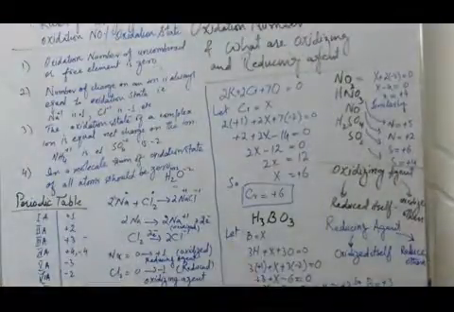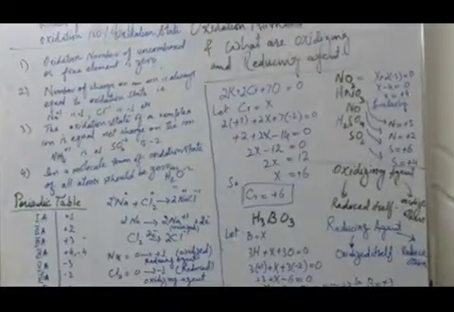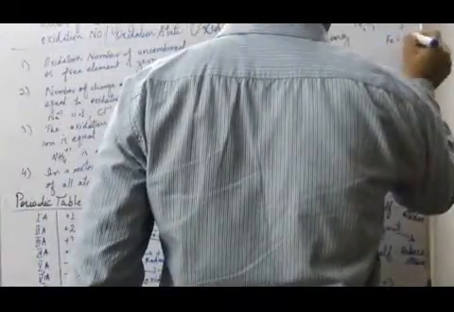There are various examples, like reduction of iron oxide with carbon monoxide. It will change into iron plus carbon dioxide.